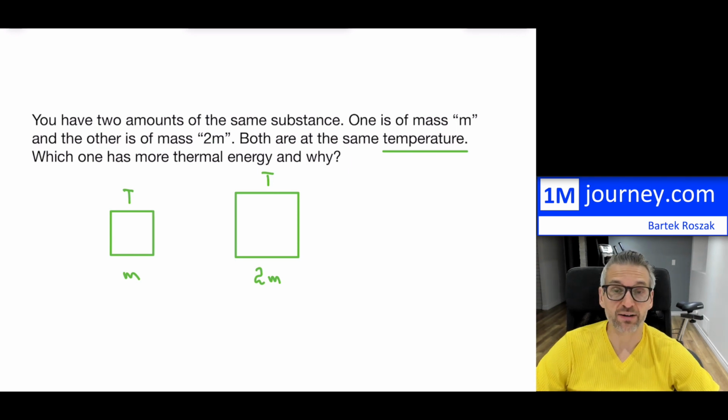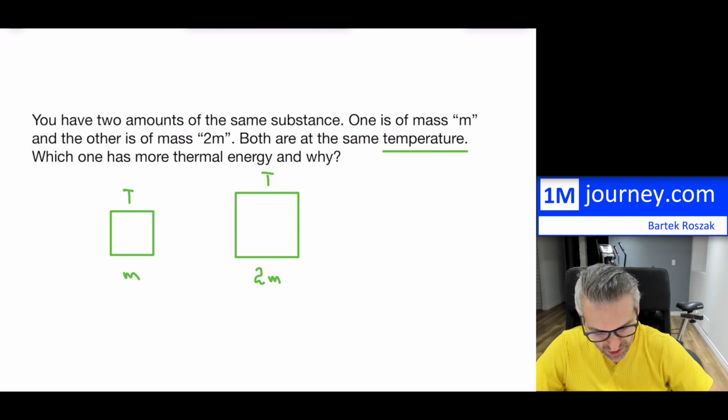If some of them have more particles than the other, but on average they have the same, you'll have the same temperature. Now, in this case, which one is going to have more thermal energy? Well, the thermal energy is the total energy of all of those particles, so it's not the average, but the total of the kinetic energy and the potential energy.